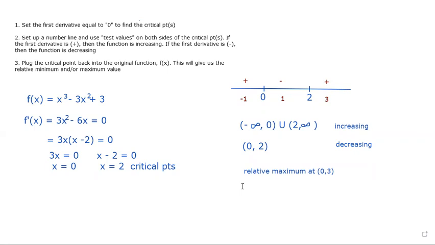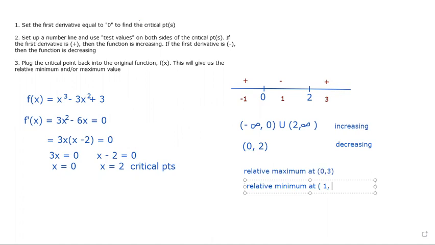Now, we're going to have a relative minimum. Now we plug a 2 in, because 2 is our critical point. 2 cubed is 8 minus 3 times 2 squared.